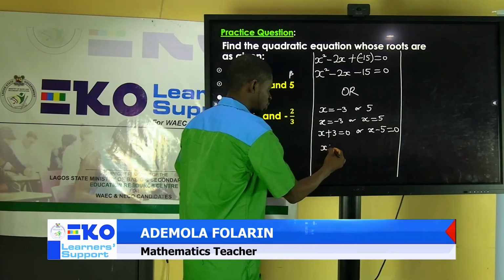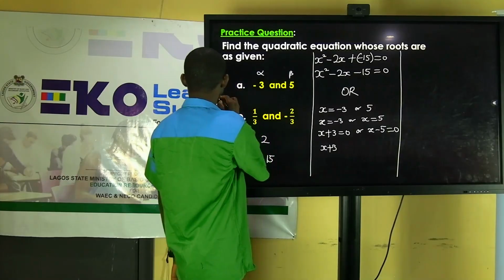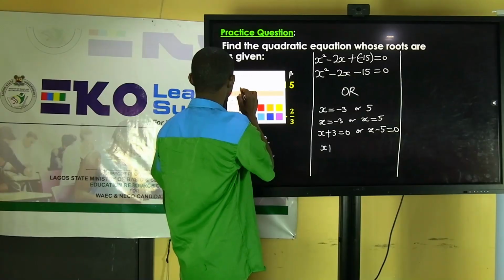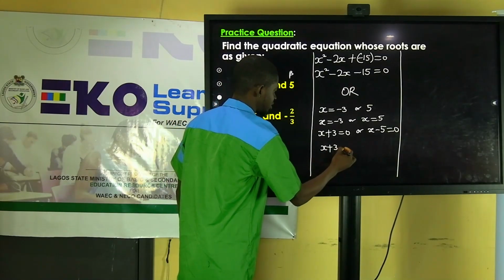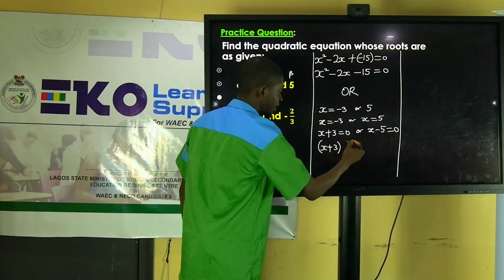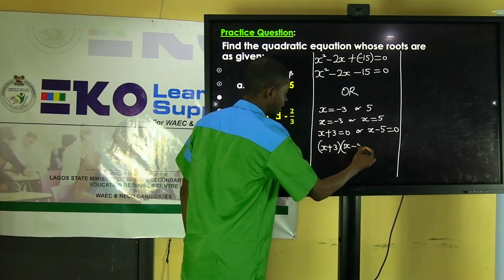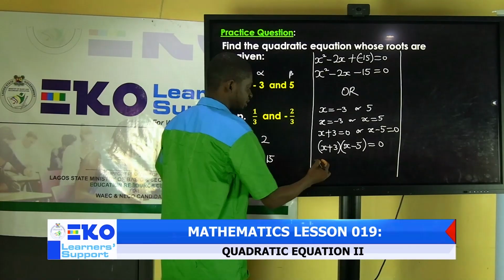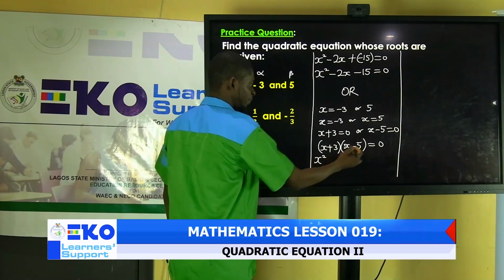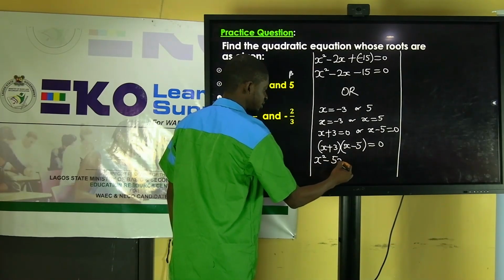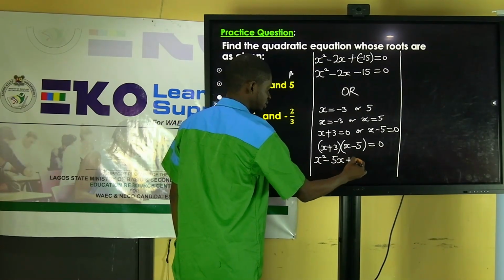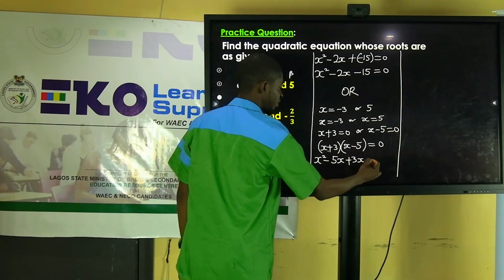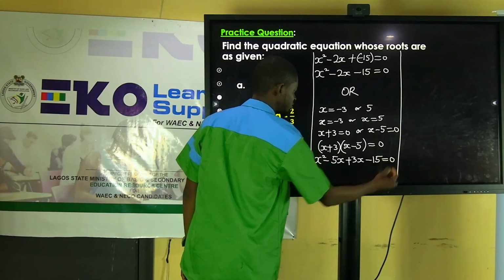Then we say x plus 3, take that, multiply with x minus 5, set it all to be equal to 0, then say x multiplied by x, that's x squared, minus 5x, multiply this with this, plus 3x, multiply this with this, that's minus 15 equals 0.